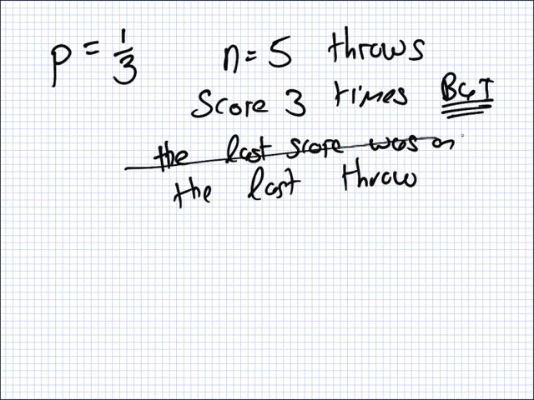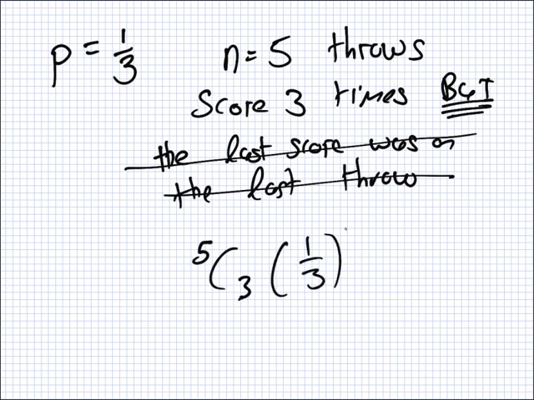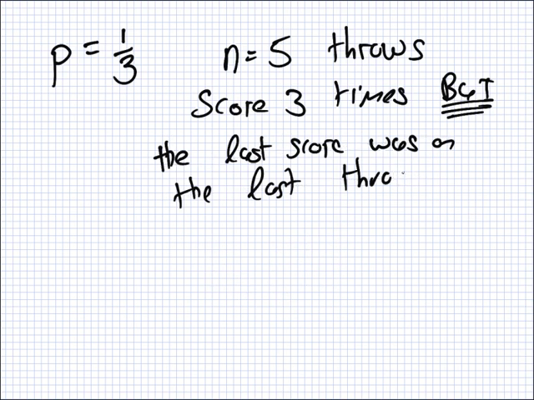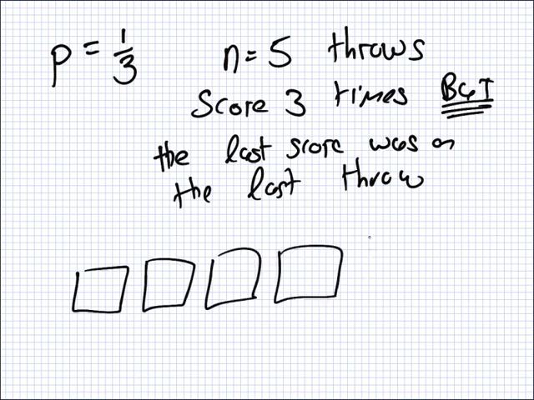If I didn't say this part, then the answer would just be 5c3, 1 over 3 to the power 3, and then 2 over 3 to the power 2. If I didn't add that piece in, but I did, so it changed it a little bit. We need to picture this with a little visualization. 1, 2, 3, 4, 5.